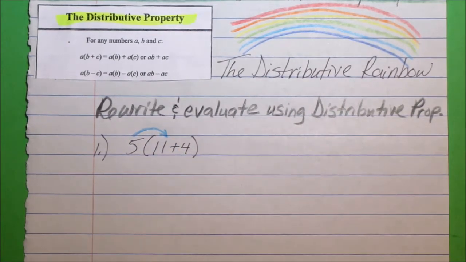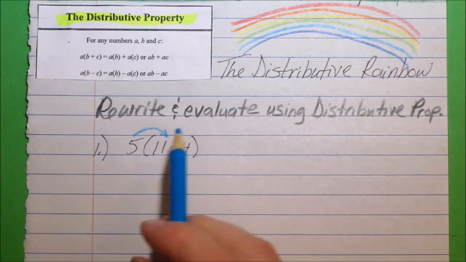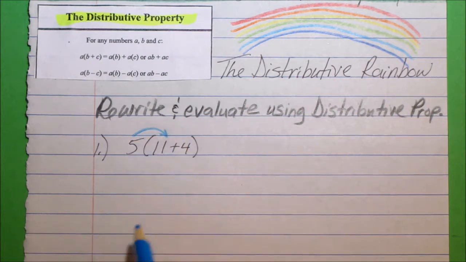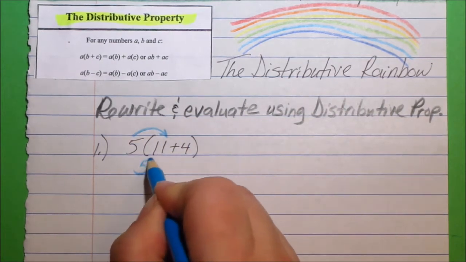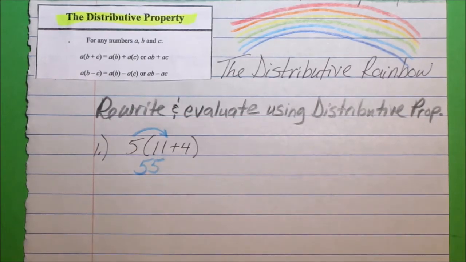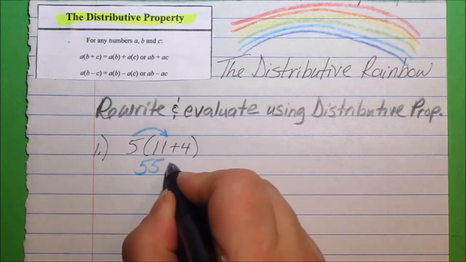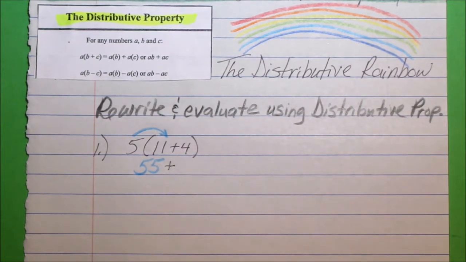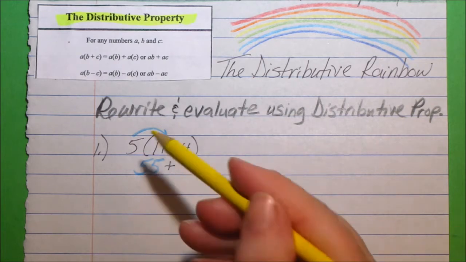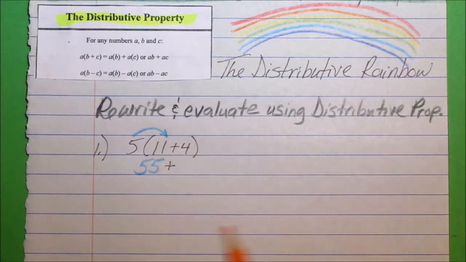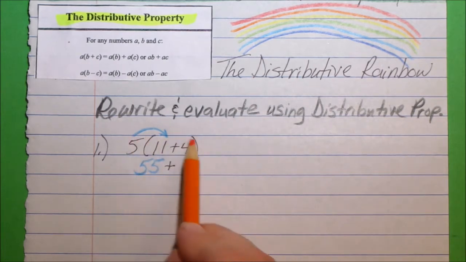I'm going to draw this little arrow there to tell myself what I'm doing. First, 5 times 11. And 5 times 11 is 55, right? Now, the operation, whether it's adding or subtracting in the middle here, you just bring that right down. And then the second step is to take my 5 and multiply it by 4.